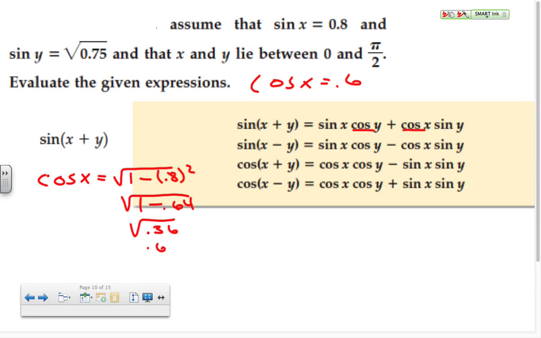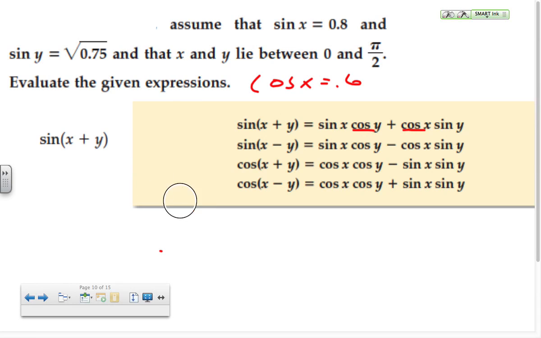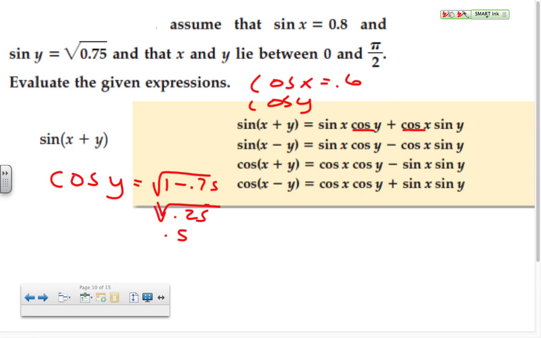Now let's find the cosine of y. The cosine of y is the square root of 1 minus the square root of 0.75 squared, which is 0.75. I'm not going to write it all in there. So then I have the square root of 0.25, which is 0.5. So cosine of y equals 0.5.